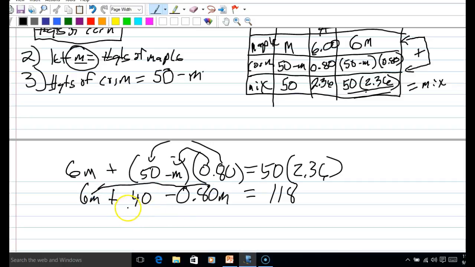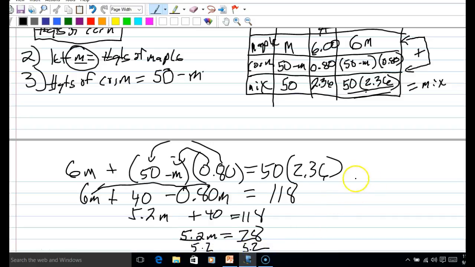That gives me 5.2 M plus 40 is equal to 118. Subtract 40 from both sides. That gives me 5.2 M is equal to 78. And of course, if I divide both sides by 5.2, that gives me M is equal to 15 quarts.